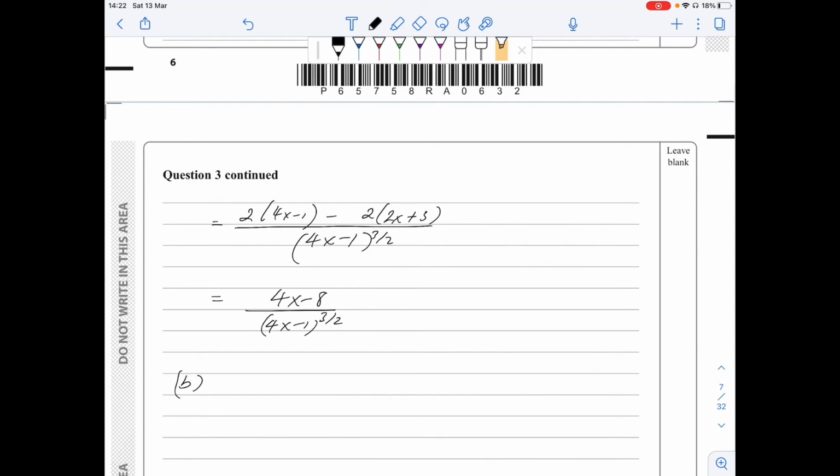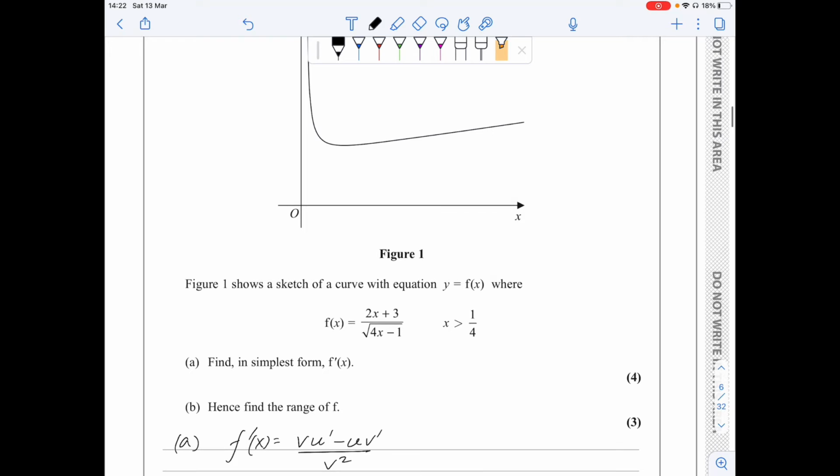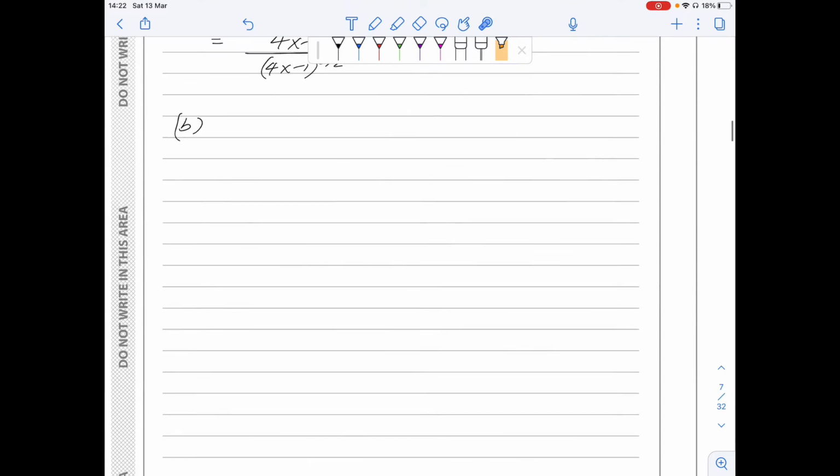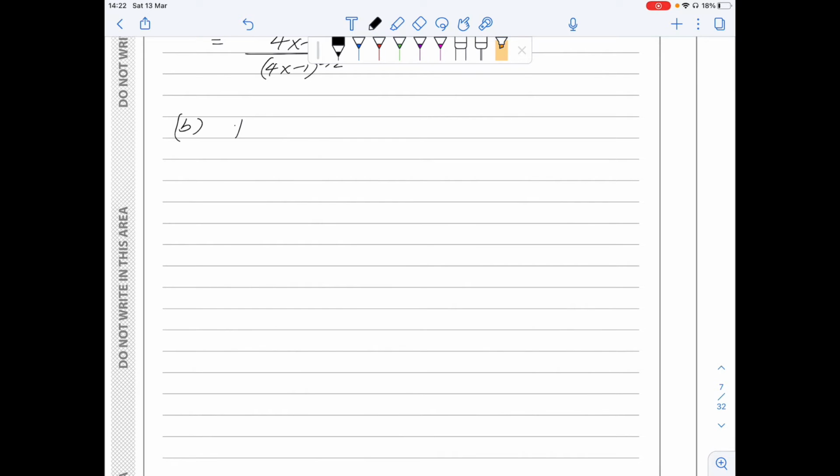Now for part B, I need to find the range of f. Note there is a minimum point, so the range is anything above this minimum, as long as this minimum is part of my domain. And to find the minimum, I will set dy/dx equals to 0. So the numerator of the derivative, 4x minus 8, is 0, which means x equals 2.